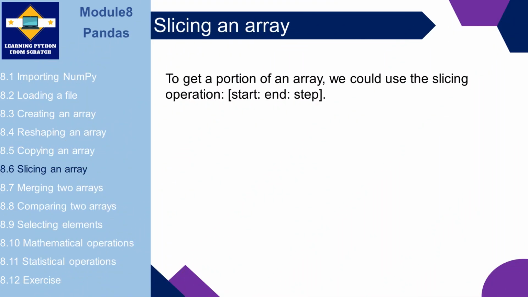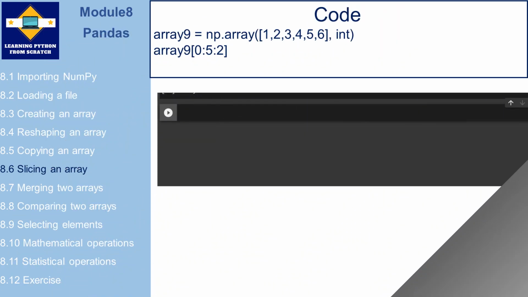To get a portion of an array, we can use the slicing operation by providing start, end, and step parameters. In the slicing rule, the start position is included, but the end position is not included.